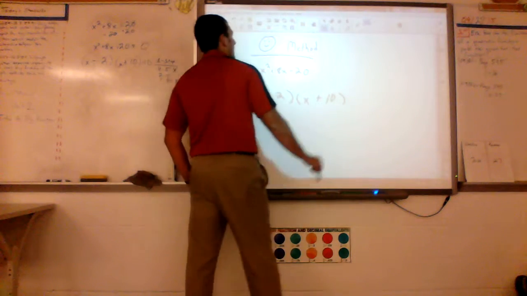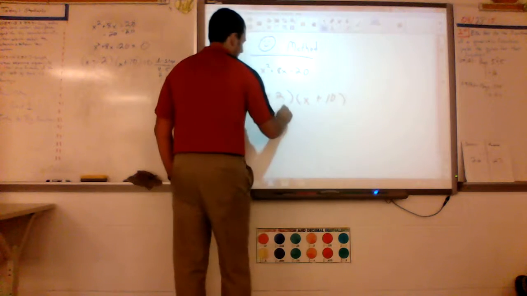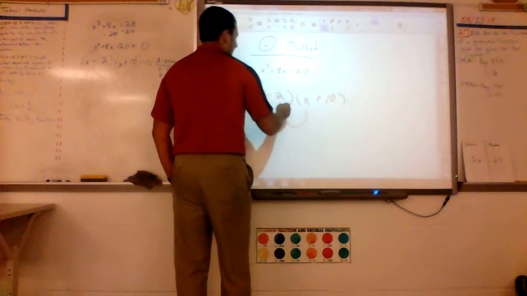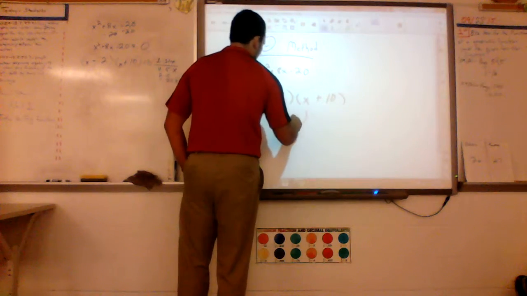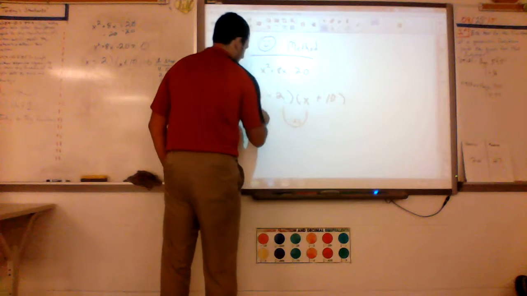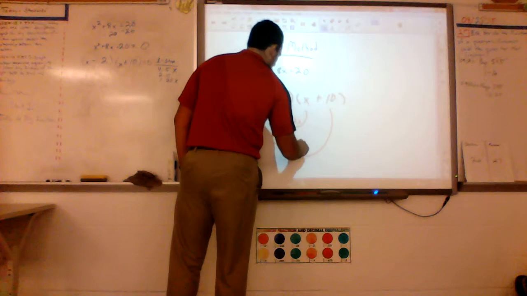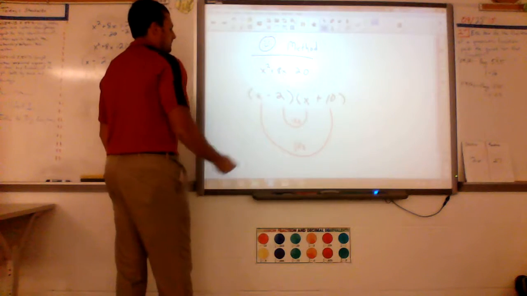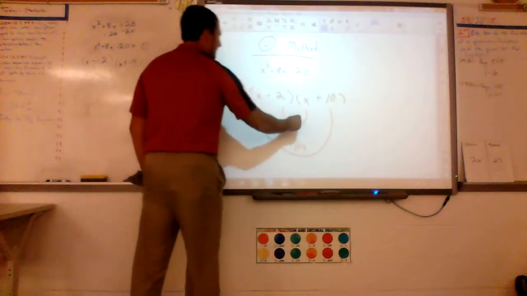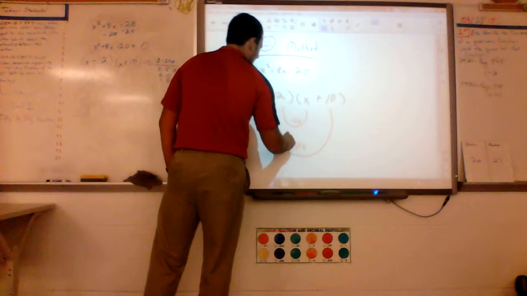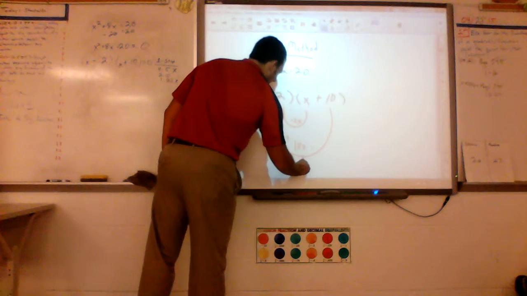Now this is how we check. Negative 2 times x is what? Negative 2x. What's x times 10? 10x. If I combine them, what's negative 2x plus 10x? 8x, right?